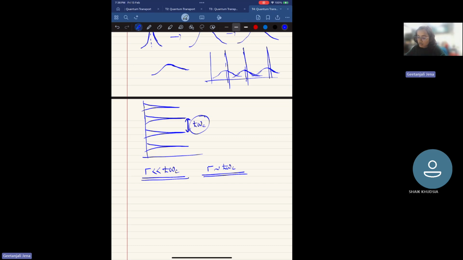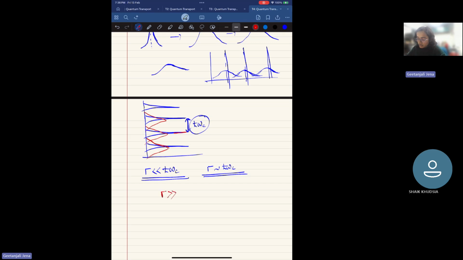So now the Landau levels will start overlapping. If they start overlapping, then the density of states modulation that we saw earlier, that is the peaks, will decrease and try to overlap, and the oscillation will become smaller.